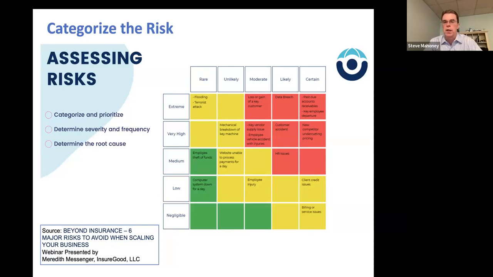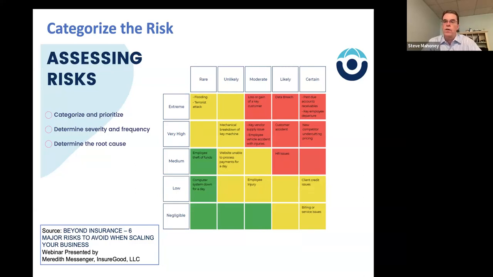You don't need to go crazy on this one. And then the ones in the yellow are more judgment calls. Maybe you want to put more attention on some of the ones in the middle, because if it does happen, your risk could be a little bit higher than you've categorized it, and think about what the mitigation plan would be for that.